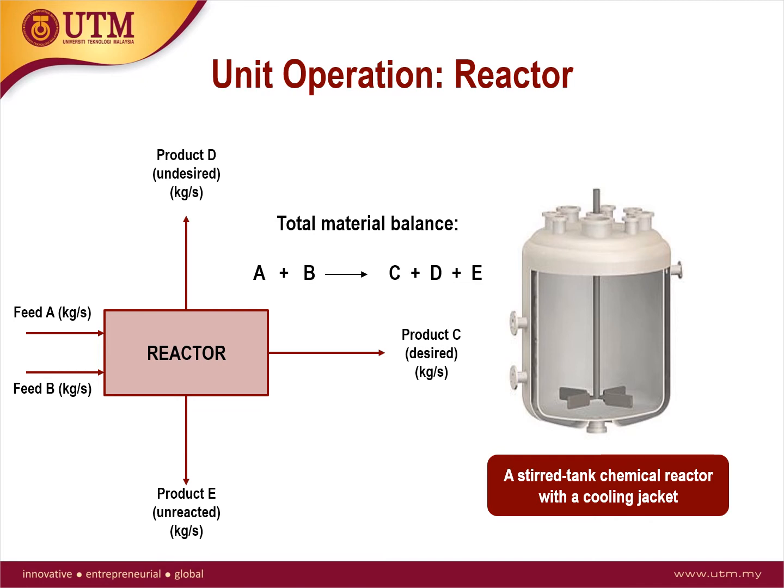So the function of the chemical reactor is to form a new product from the combination or from the reaction between two substances. The function of the cooling jacket is to make sure that the condition in the tank is optimized throughout the chemical reaction process.